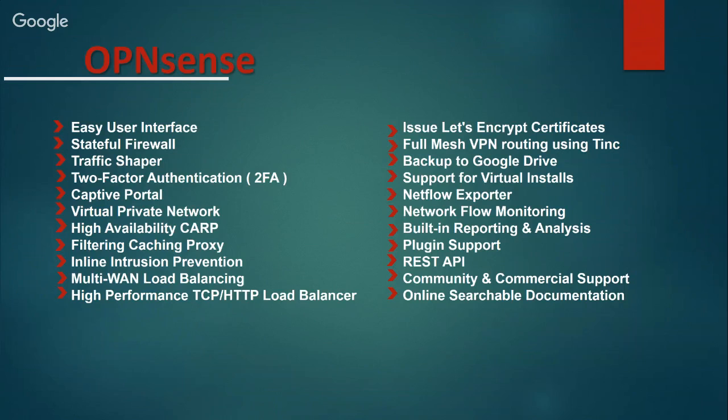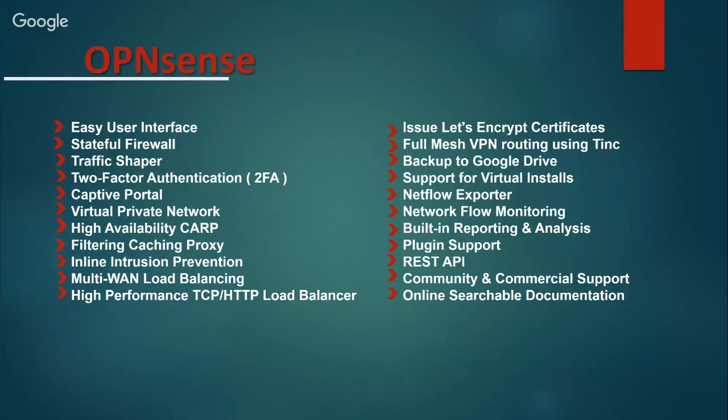Like I said, I really like the easy user interface, and some of these other features made a difference because I was using a VirtualBox VM rather than just a regular operating system like Windows.